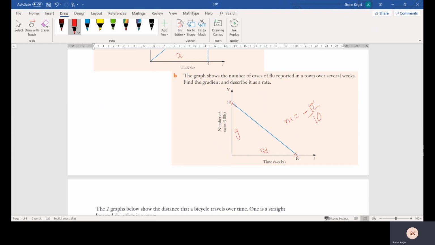So negative 15 on 10 is the same as negative 3 on 2. So I could safely say that the number of cases in the hundreds is decreasing at 3/2 every week.